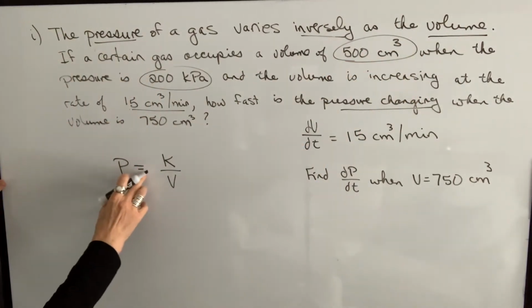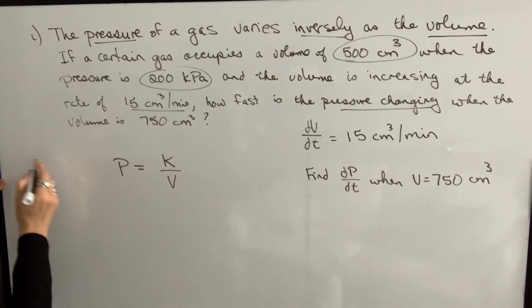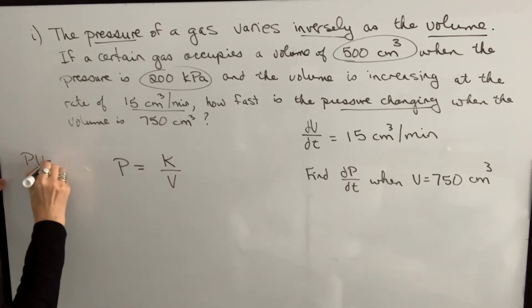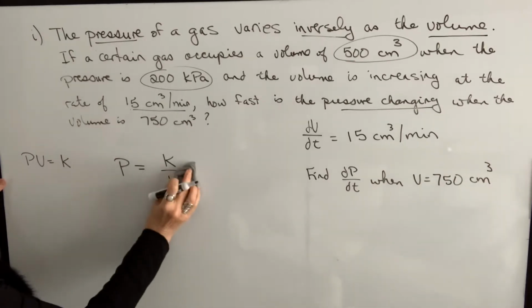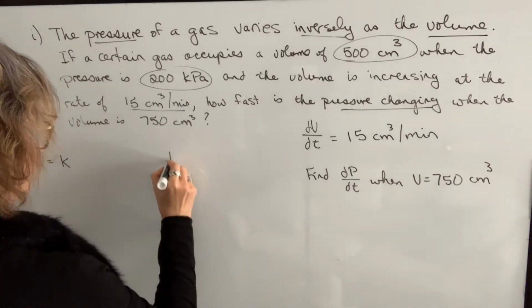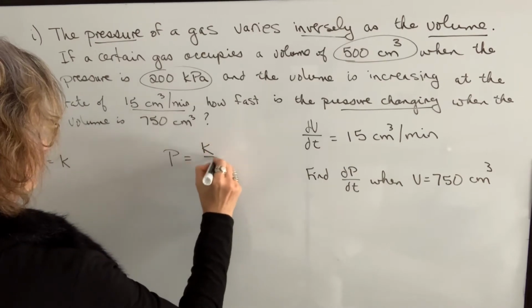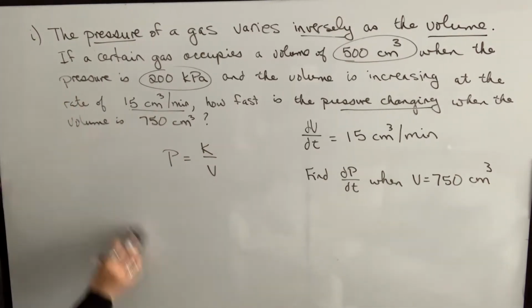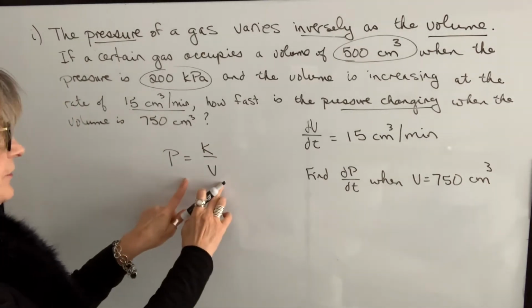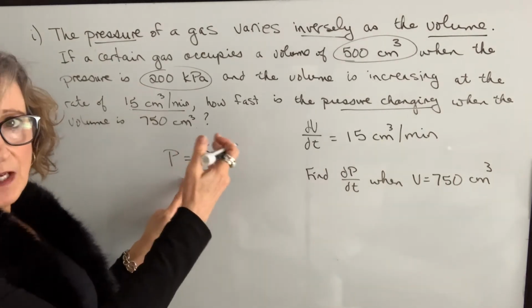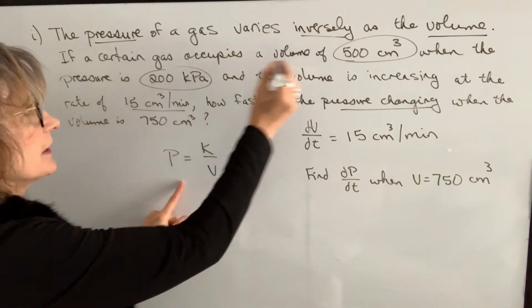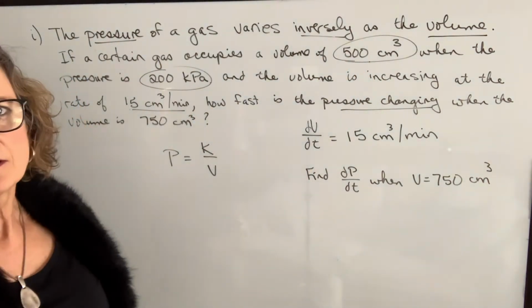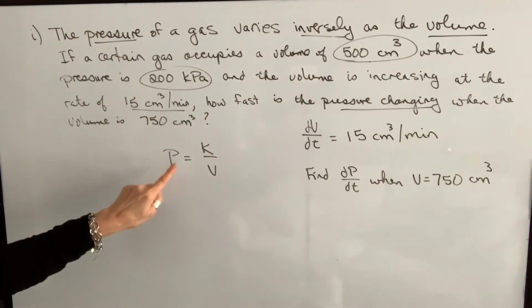If P is equal to K divided by V, that means pressure times volume is equal to our constant. Before I differentiate this, I have another unknown value. It is a constant value, but I'm given this and this that will allow me to find that.